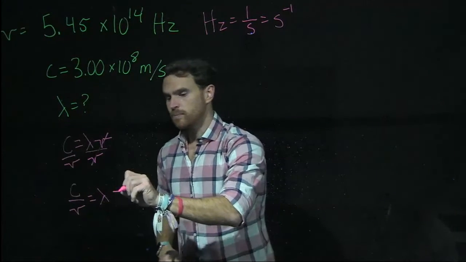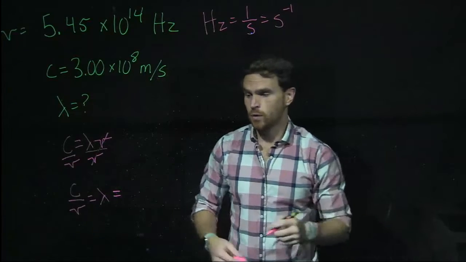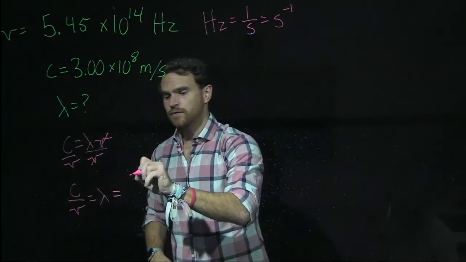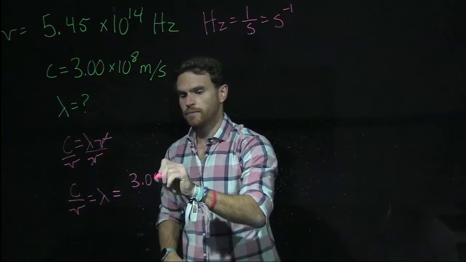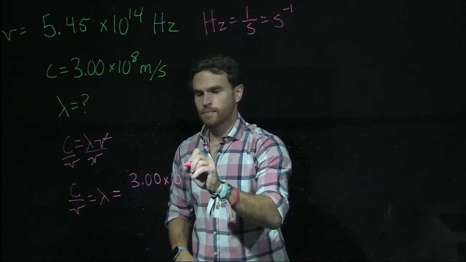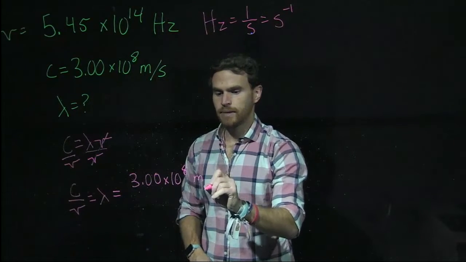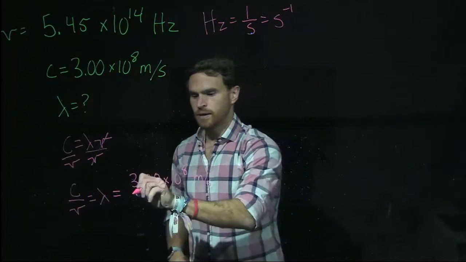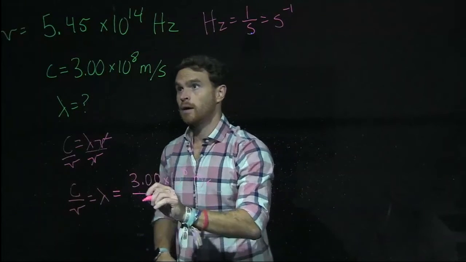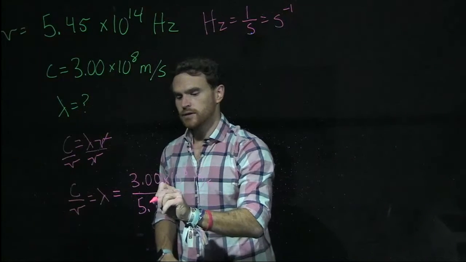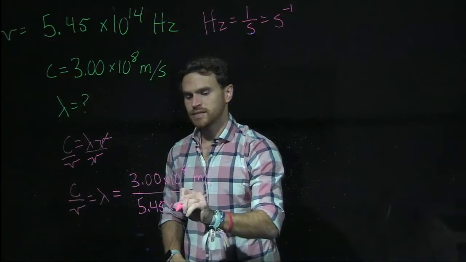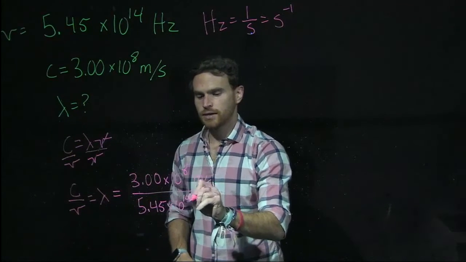So now we can plug this into an equation where we write the speed of light in the numerator, 3.00 times 10 to the 8 meters per second, divided by 5.45 times 10 to the 14.